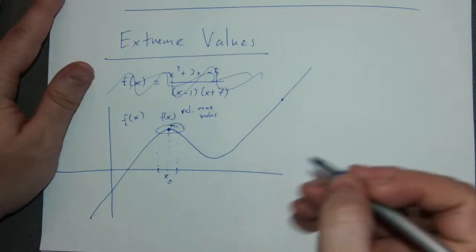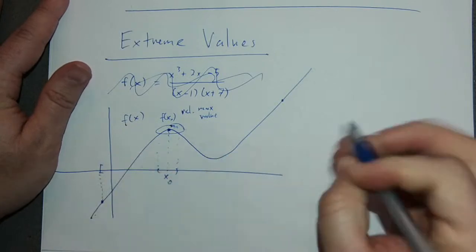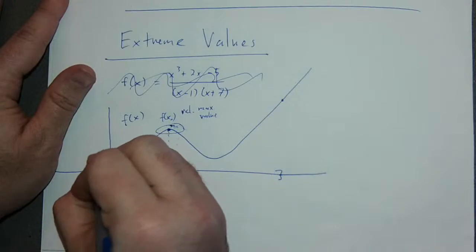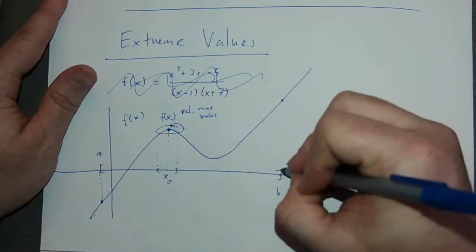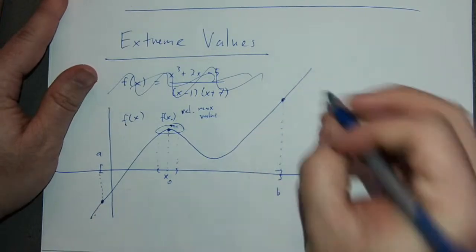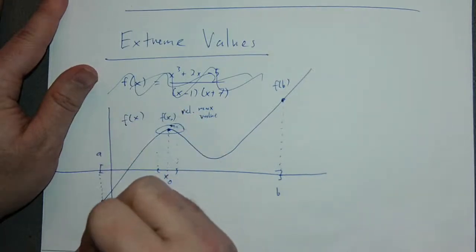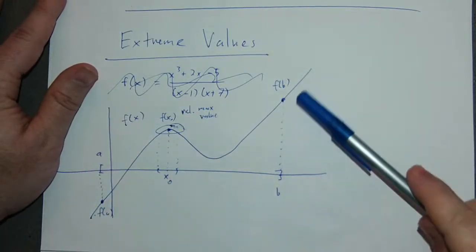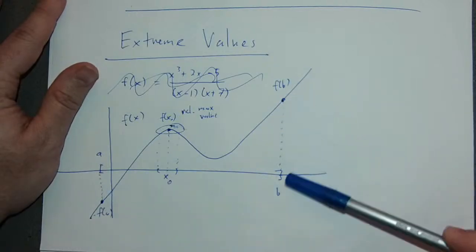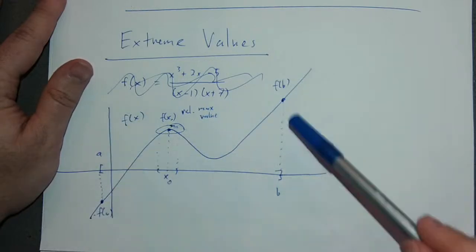In fact, let's say that I give myself a window. We'll call this window AB. So there's my closed interval. These points I've identified on the graph would be f of b and f of a. On this interval, f of b is higher than any other point that the graph of the function attains.